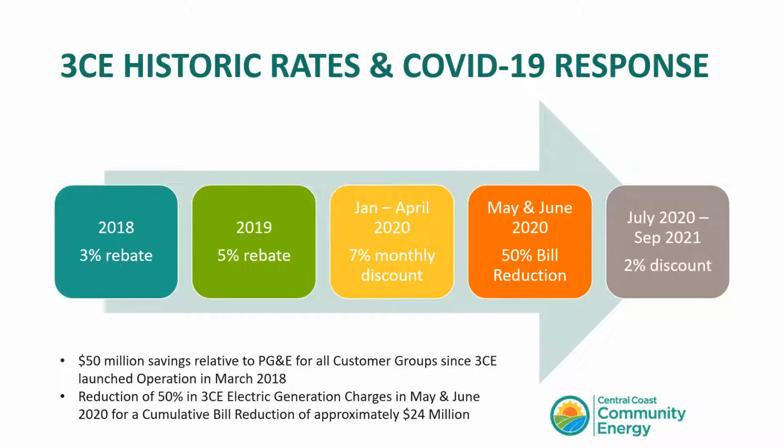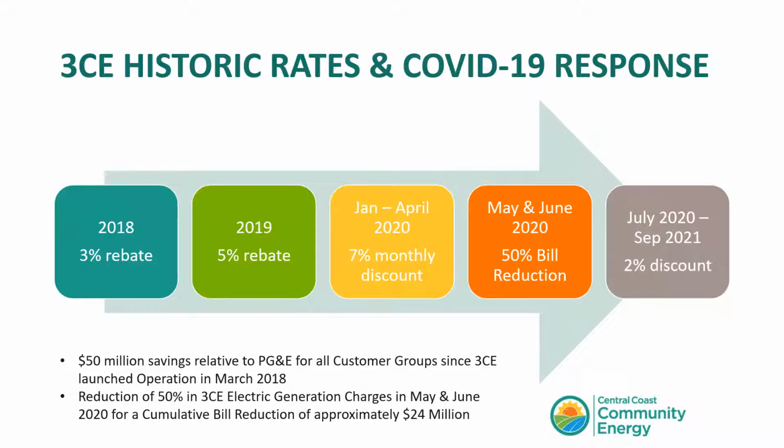And so beginning in January 2020, in addition to increasing our discount, we also changed the way we presented that discount. We actually built the discount directly into the rate instead of having a rebate model, which meant that every single month customers were receiving their discount directly on their bill. In May and June of 2020, in response to COVID-19, we actually reduced our rates by 50%.